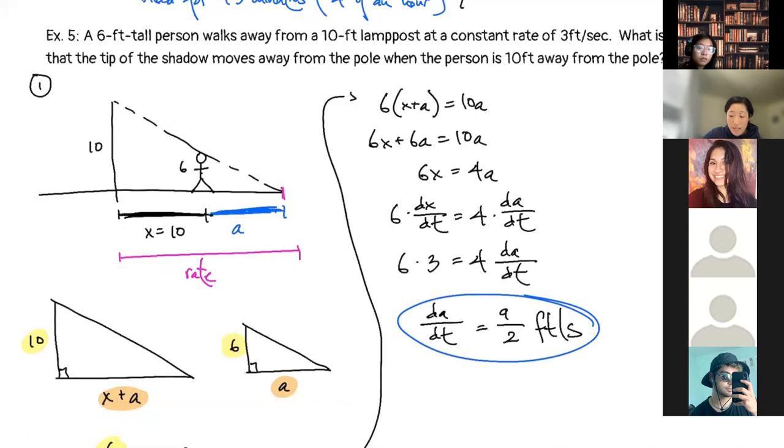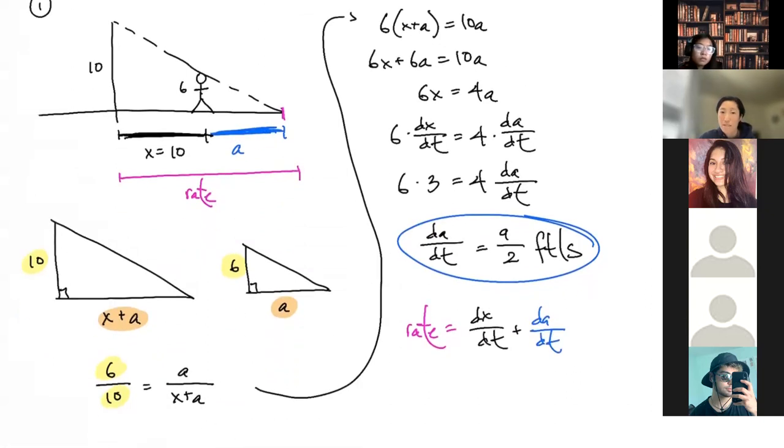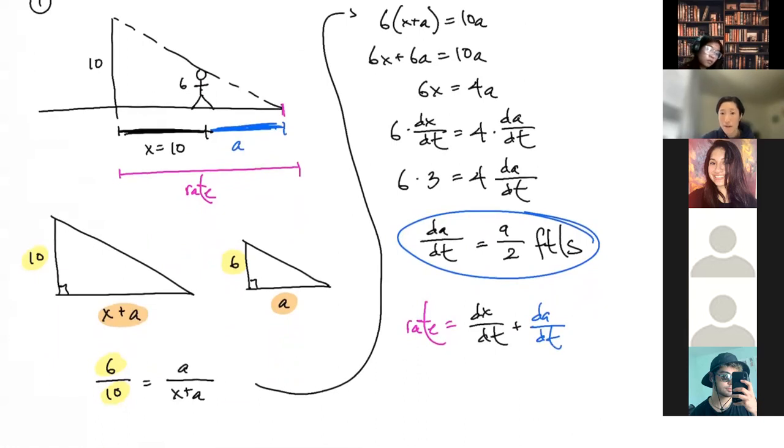So if we want to find that overall rate, we're going to need to add our dx dt plus our dA dt. And so the 9/2 is part of our answer, but we need to add that to the 3 to get our total rate, which I think ends up being 15/2 feet per second.